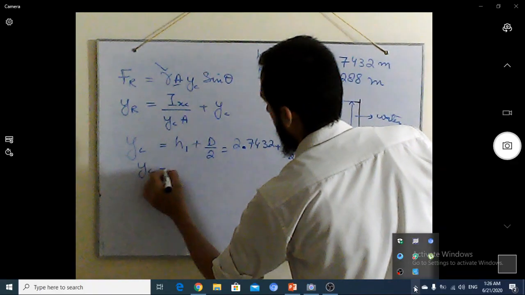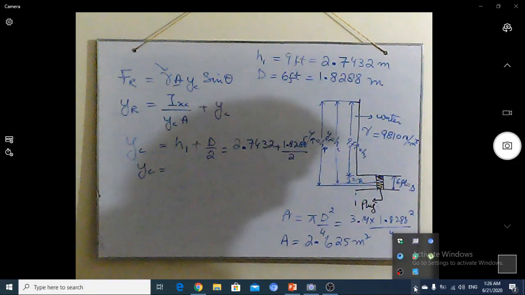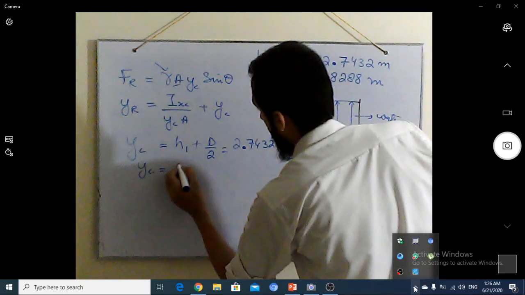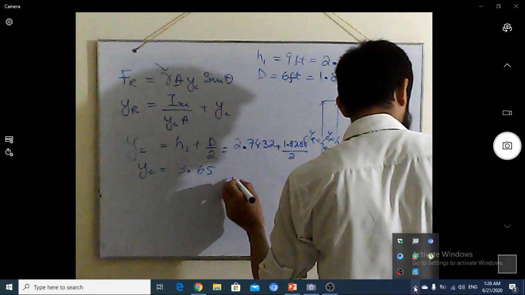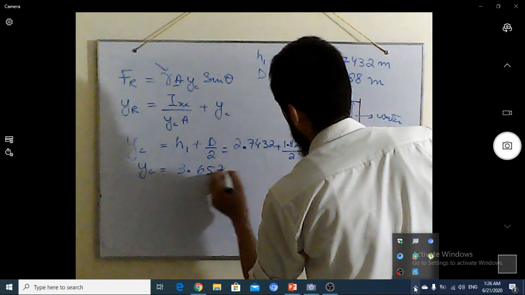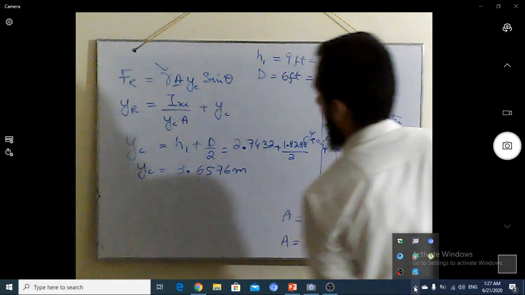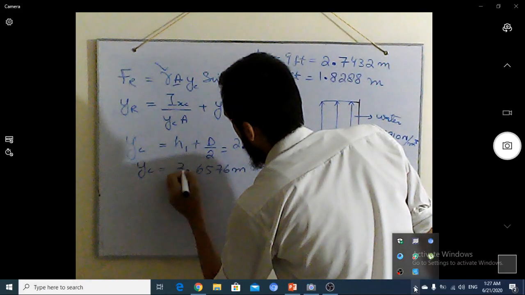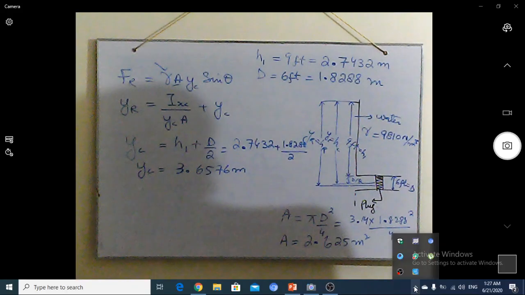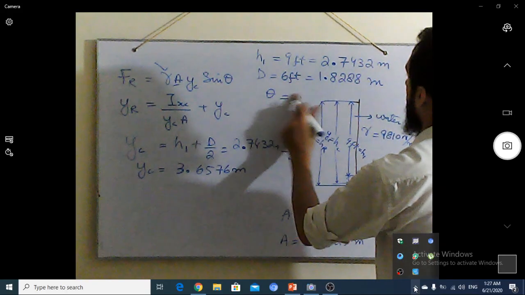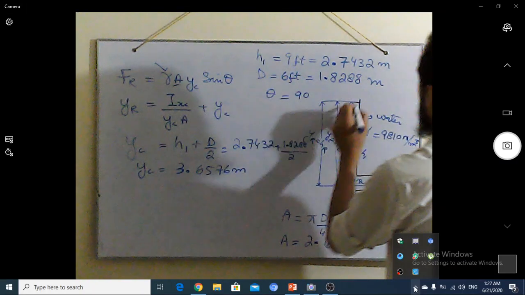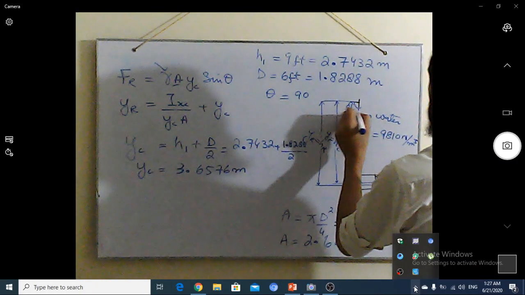So YC is just equal to 3.6576 meters. So this is the value of YC. And theta is equal to 90 degrees. Here the angle is 90 degrees.